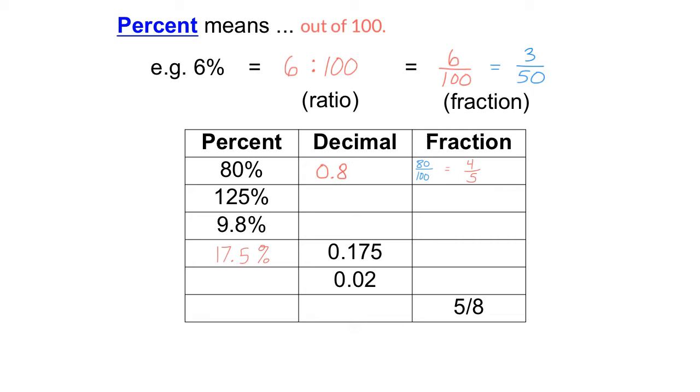Now, a lot of people get stuck changing a decimal into a fraction, but you don't really need to as long as you remember place value. So if you'll recall, place value means what column you're in after the decimal.